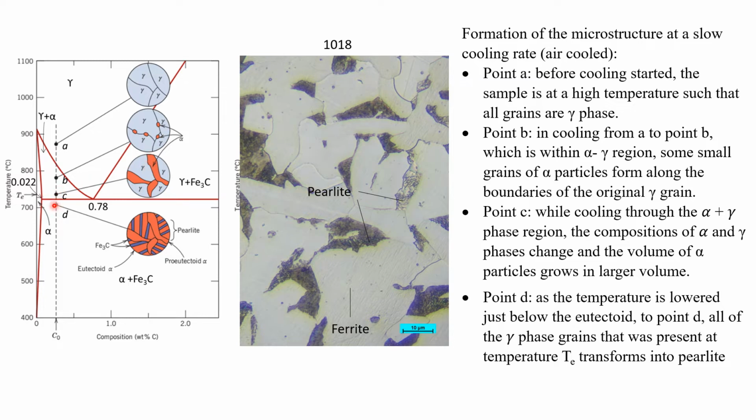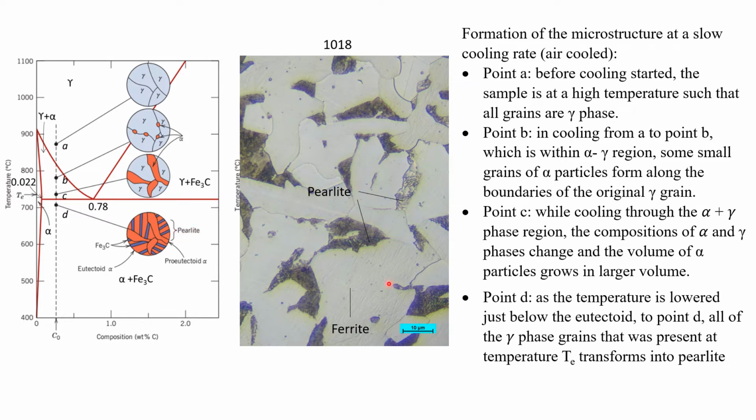until it passes through the eutectoid temperature, which is about 720 C, and the rest of the gamma region will turn into a eutectoid region. Because we are using a very slow cooling rate, this region is pearlite.